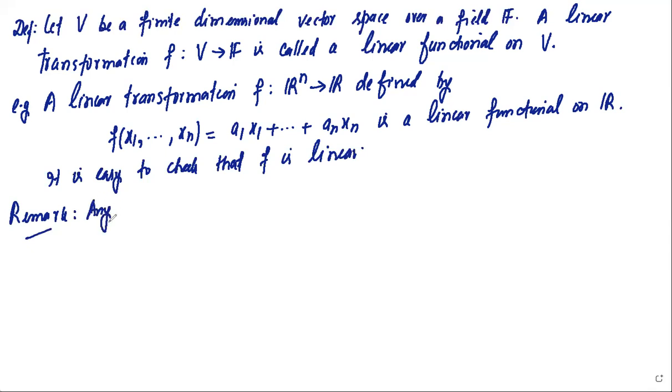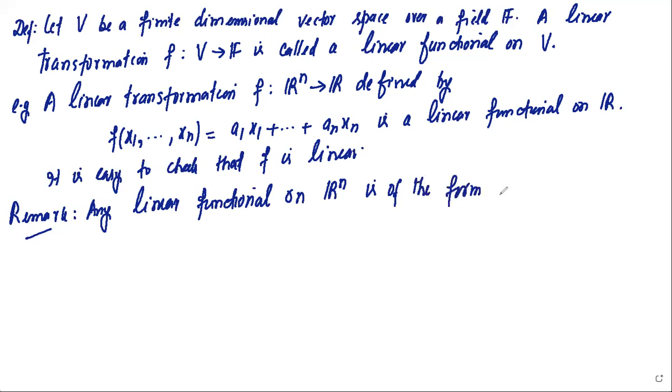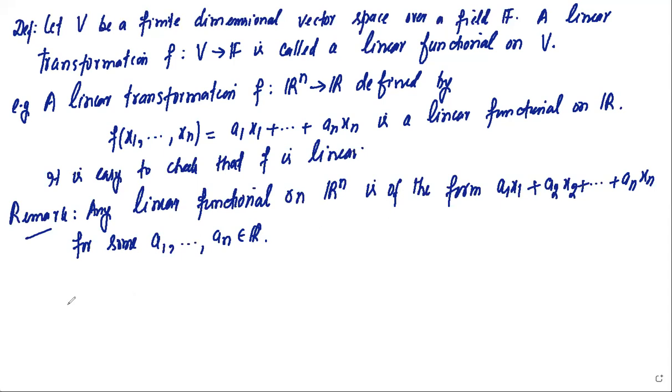Any linear functional on Rn is of the form a1 x1 plus a2 x2 plus so on plus an xn for some real numbers a1 through an in R. So in fact, we can prove it.